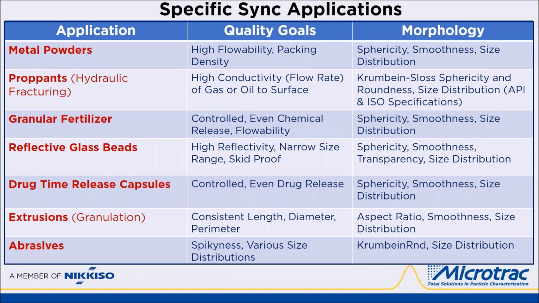Abrasives used to clean, polish, or abrade hard surfaces need a spiky, sharp-edged external surface and various size distributions for different tasks. Key parameters are the Krumbein roundness and size distribution. The lower the Krumbein roundness, the more sharp-angled the surface is.